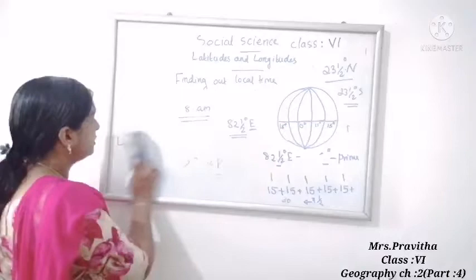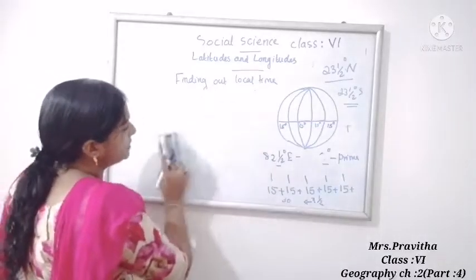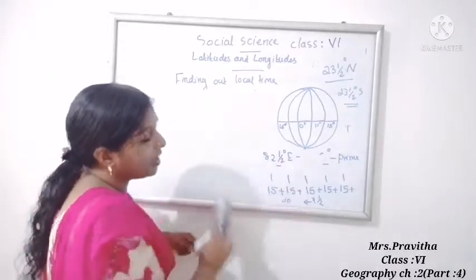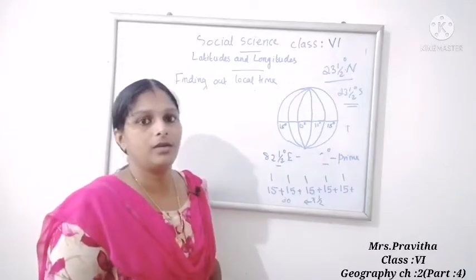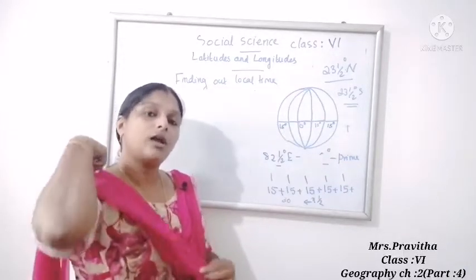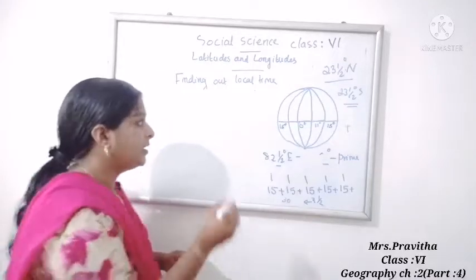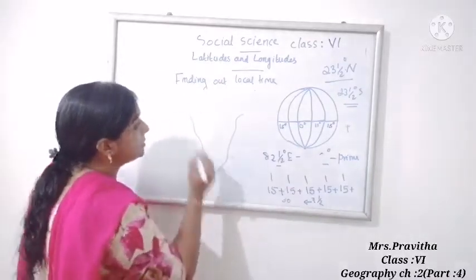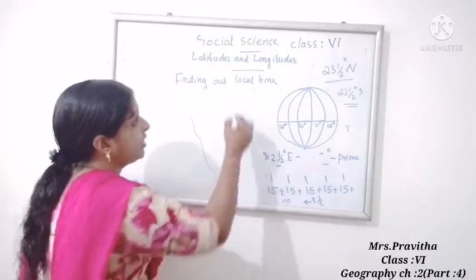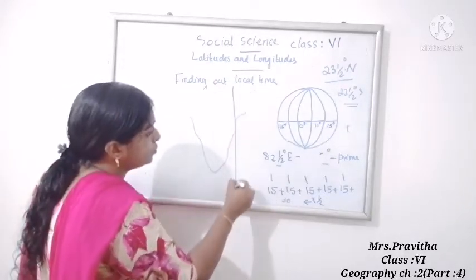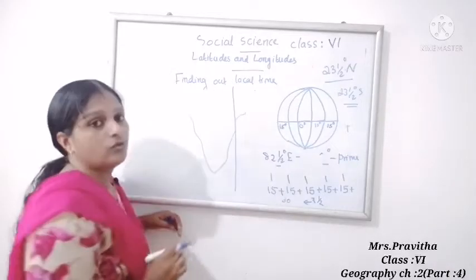So I think children, you got it. Anyway, which is the standard meridian of India? 82.5 degree east is selected as the standard meridian of India. Why was 82.5 degree selected? Ma'am told why this is taken as the standard meridian of India, because it passes through almost the central part of India.